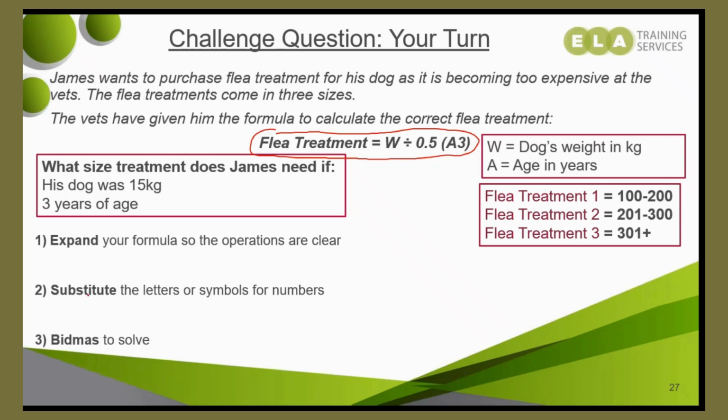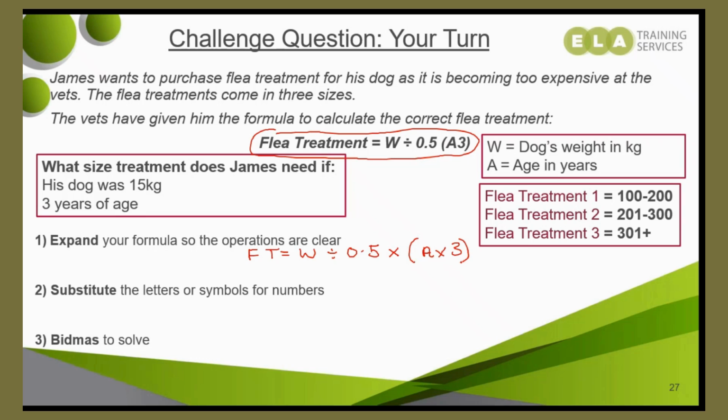So the first job that we need to do is expand your formula so the operations are clear. So flea treatment equals W divided by 0.5. Now notice that it's next to a bracket, so that actually means multiplied by whatever's in the bracket, and we've got a letter and number next to each other, so it means A times 3.